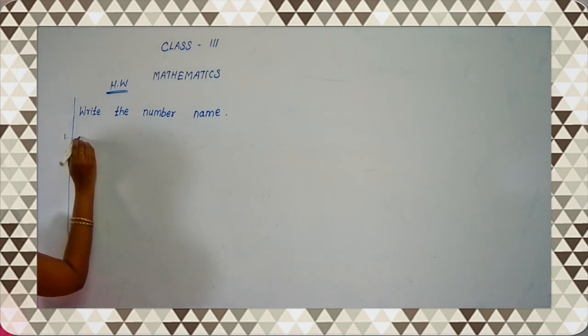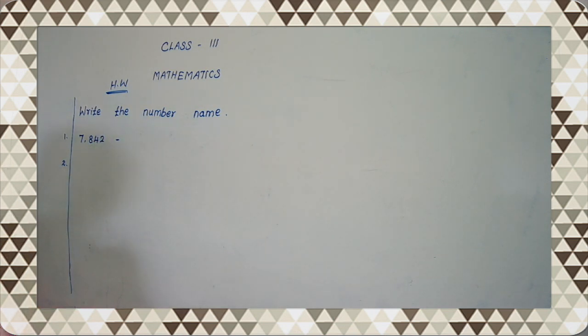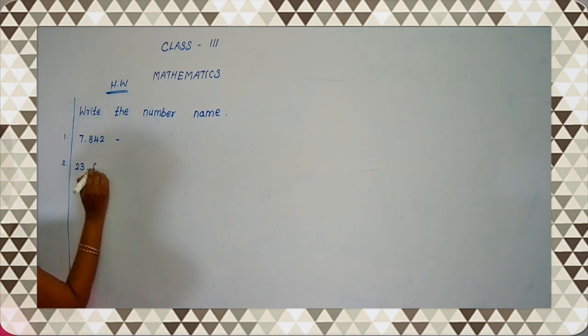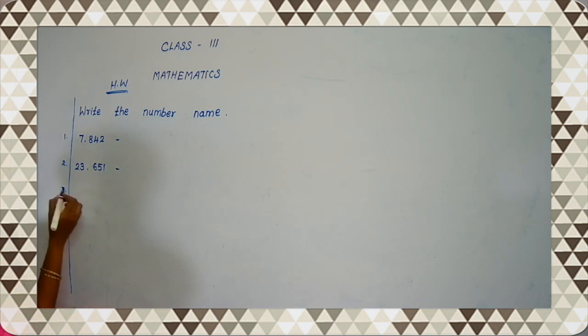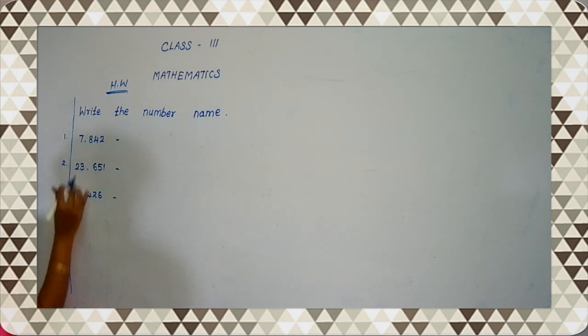First one, 7842. Then 23,651. The third one, 8,426. The fourth one, leave one finger space and write, okay?